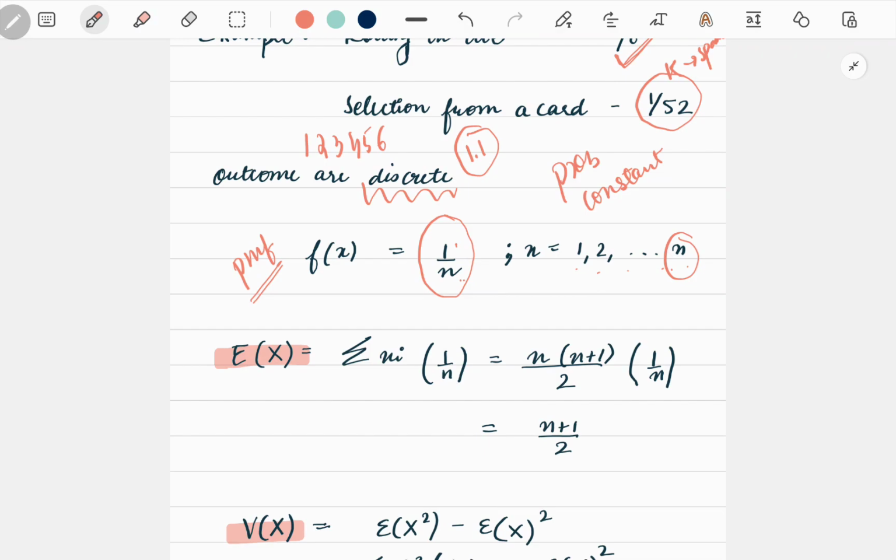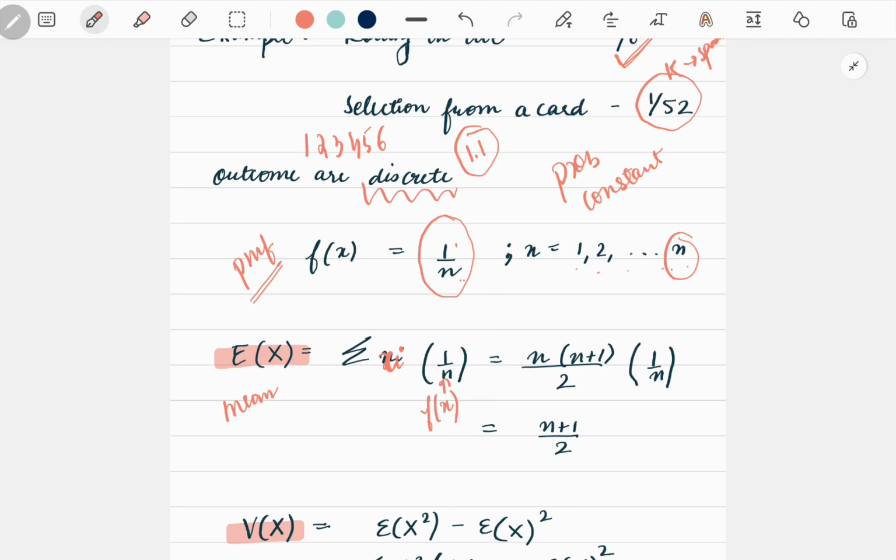Now we will derive the expectation of x, or we call it the mean. It will be nothing but the summation of xi times f of x. We have already covered how we calculate expectation. So here our f of x is nothing but 1 upon n.